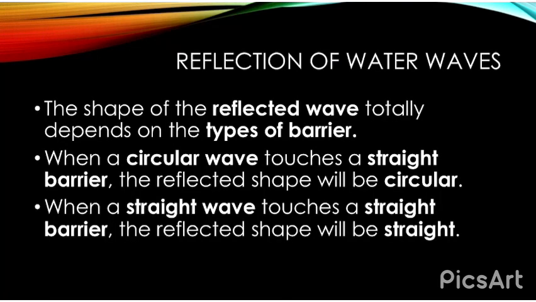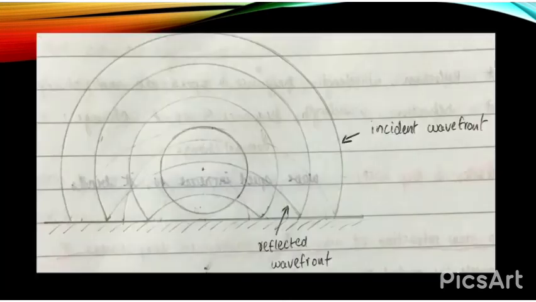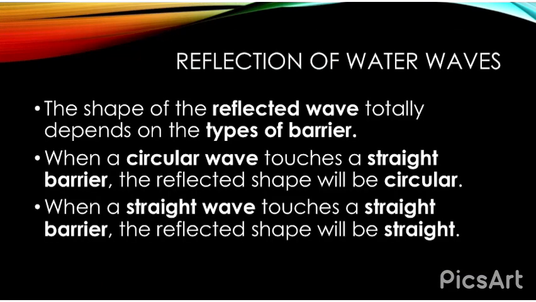Then reflection of water waves. The shape of the reflected wave will totally depend on the type of barrier it is reflecting on. When a circular wave touches a straight barrier, the reflected shape will be circular. And when a straight wave touches a straight barrier, the reflected shape will be straight. So here is an example of a circular wave which touches a straight barrier.